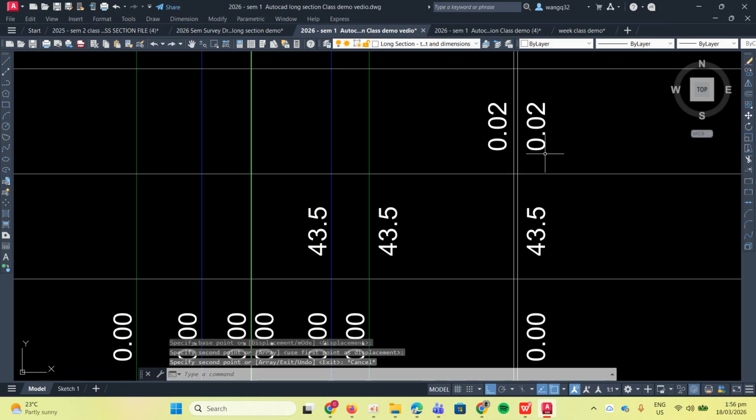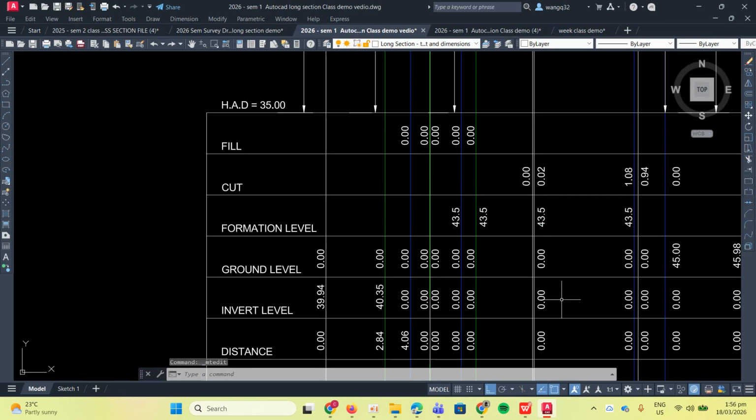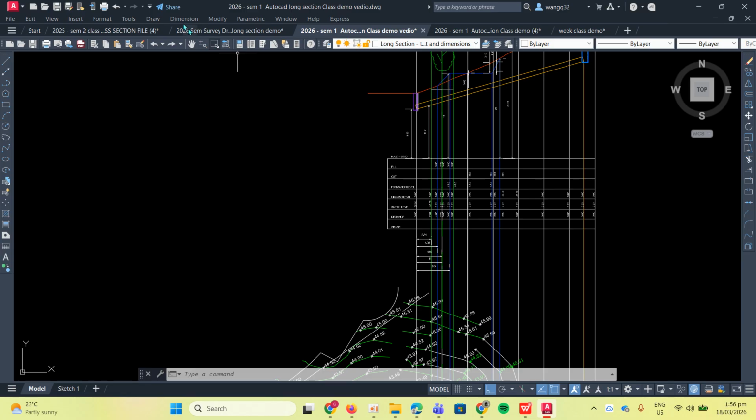So I know that will be 0.00 because that's the central cut and fill, equal cut and fill. So maybe I don't need to write anything here. So what I will do is I change all those numbers.